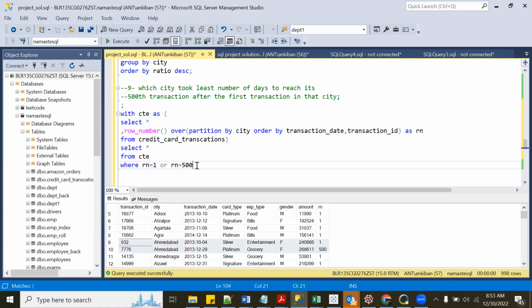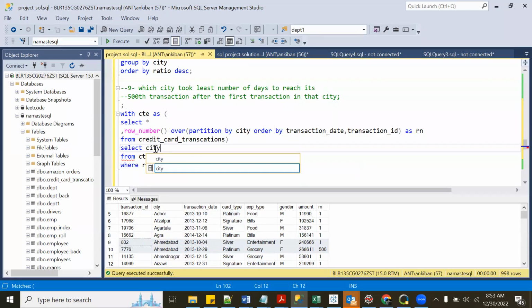After this, what we can do is, I need it city wise, right? City, minimum of transaction date, and I can take max of transaction date.